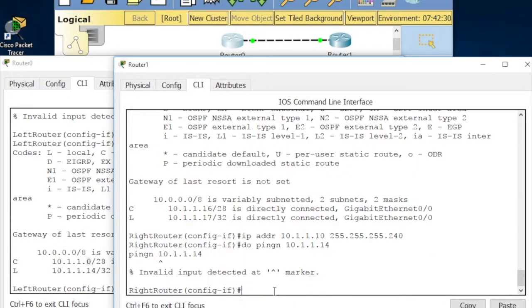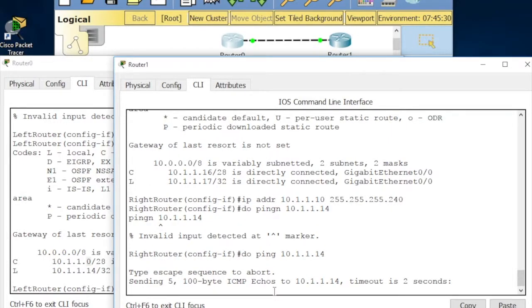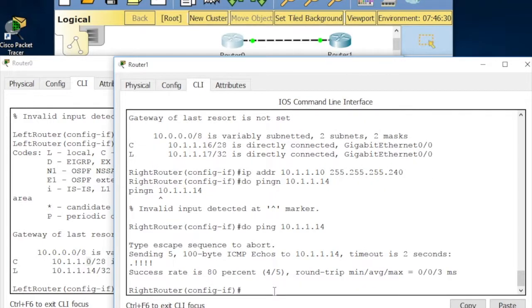And let's ping back to, I have problems with my fingers today. Let's go ping back, and we have success. Let me show you another way. We could change the subnet mask.